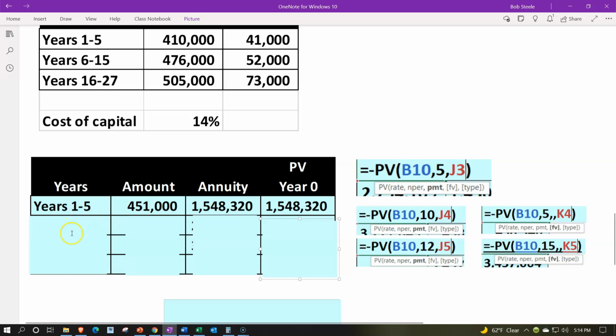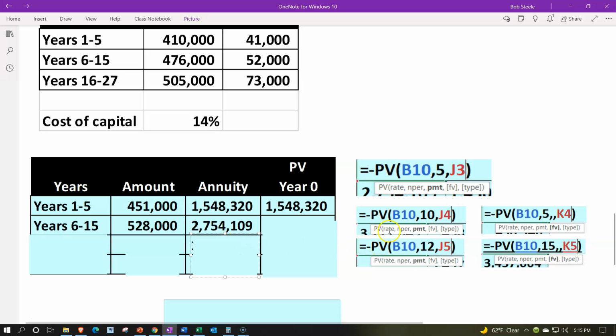Now in years 6 through 15, we'll do the same thing. We'll present value it for this time frame, but then we'll have to bring it back 5 years to the present. So the amount's going to be that 528, which is the 476 and the 52. And then the annuity, if we see the annuity calculation, it's going to give us this $2,754,109.